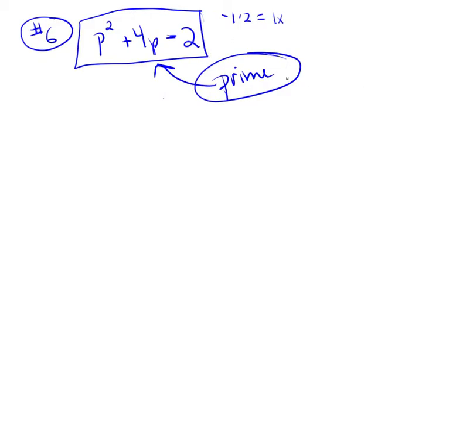Now we have to watch out because there are some problems that we think are prime but are factorable. We have to test all the factor pairs. So this one's a nice one because it's a prime number back here for C, so our list of factor pairs that work together to get our middle term is very short.